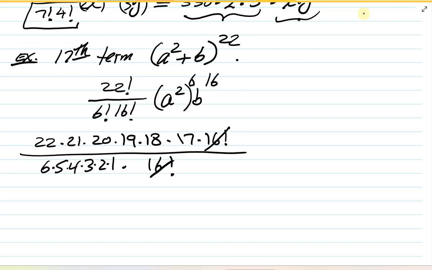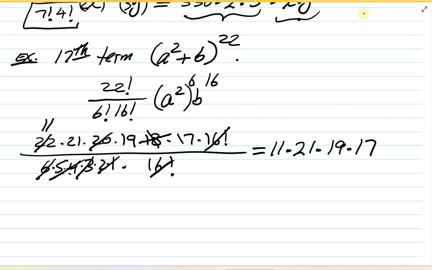Okay, 18. That's 6 by 3, 18 is gone. 4 times 5 here is 20. That 20 is gone. 2 and 22 is 11. So I can reduce this to simply 11 times 21 times 19 times 17.